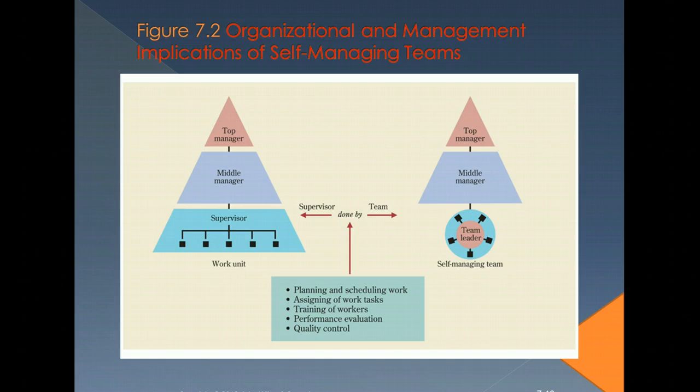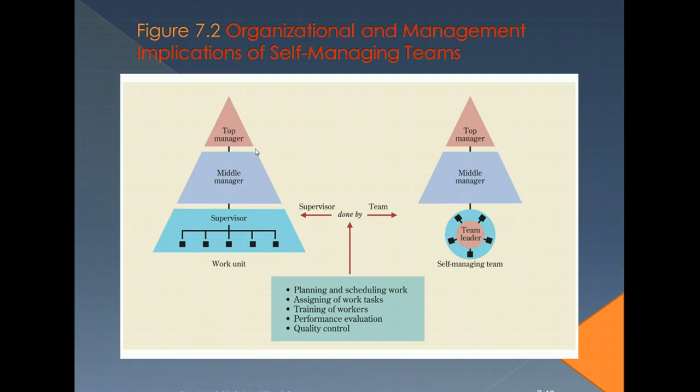Okay, so let's look at organizational and management implications of managing teams. So we have this nifty little chart here, and on one side we have, of course, the top manager, the middle manager, and the supervisors, and this is basically what we call a work unit, with work being done by the supervisor managing a unit of people.